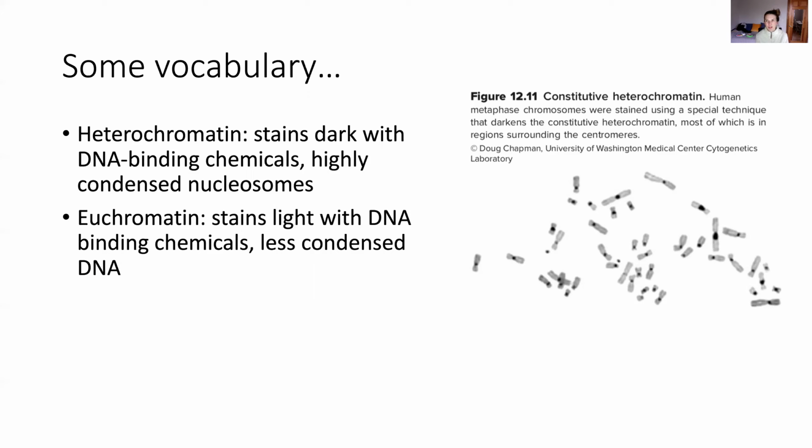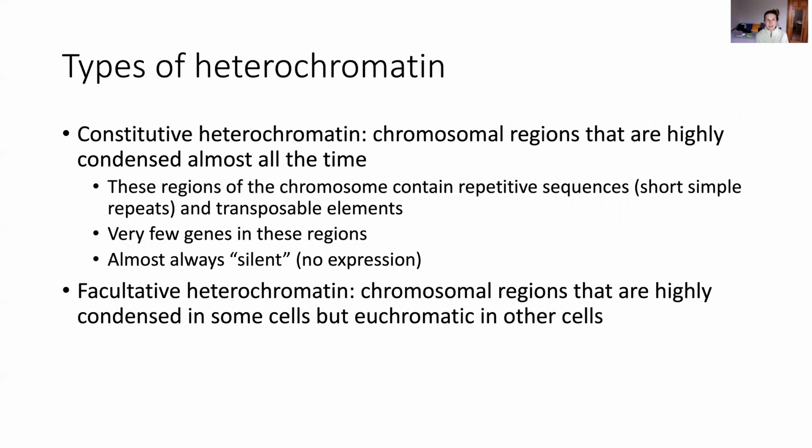And in those chromosomes, you can see that heterochromatin region tends to be around the centromere specifically in human chromosomes. And the opposite of heterochromatin is euchromatin. So those are the regions of those chromosomes that stain light with DNA binding chemicals, and that is where the less condensed DNA is.